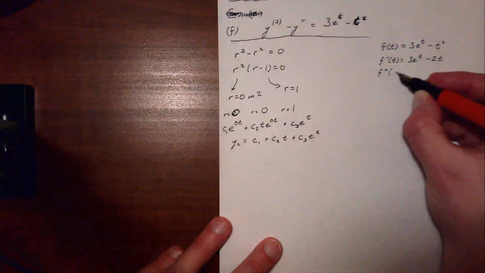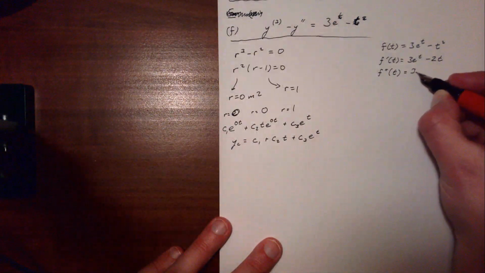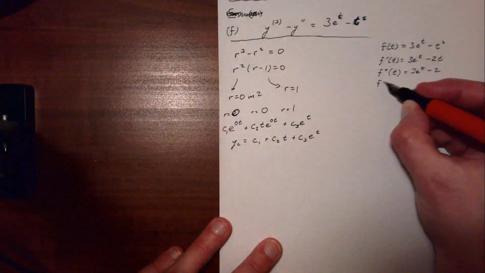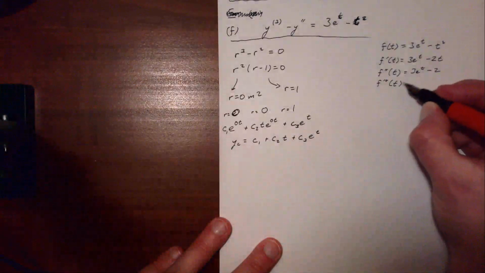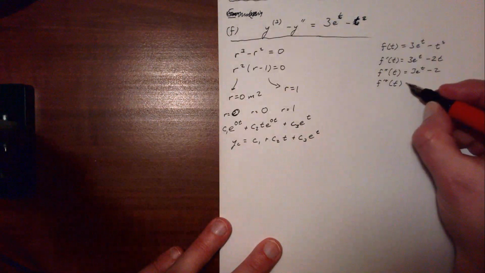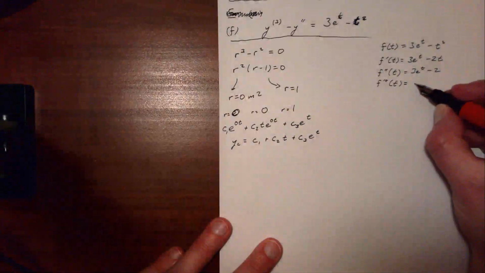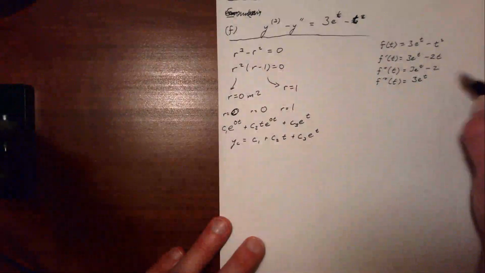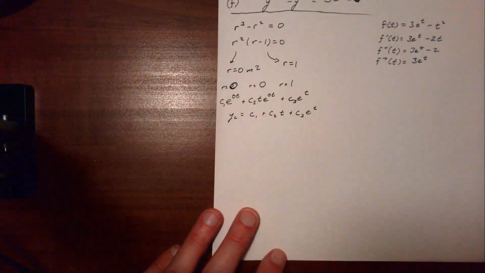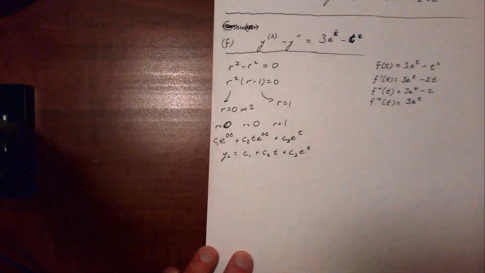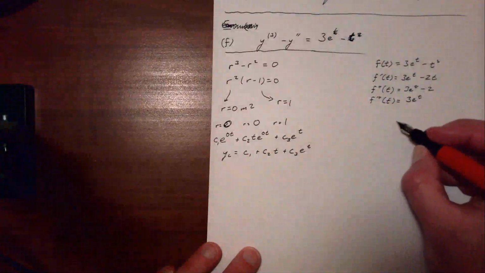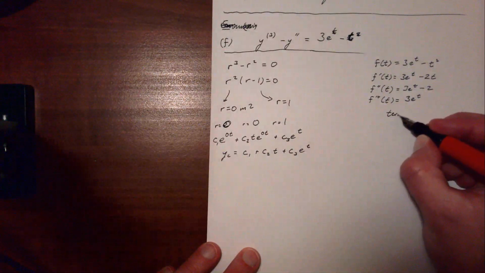F double prime of t is going to be 3 e to the t still, minus 2. And f triple prime of t, since that's the highest derivative that we see in this equation, is going to be 3 e to the t, and then just a 0.